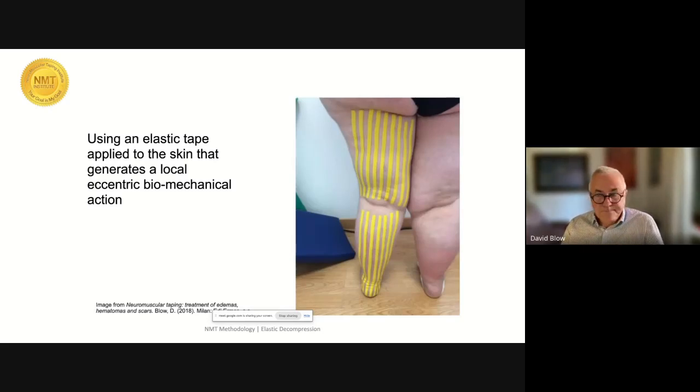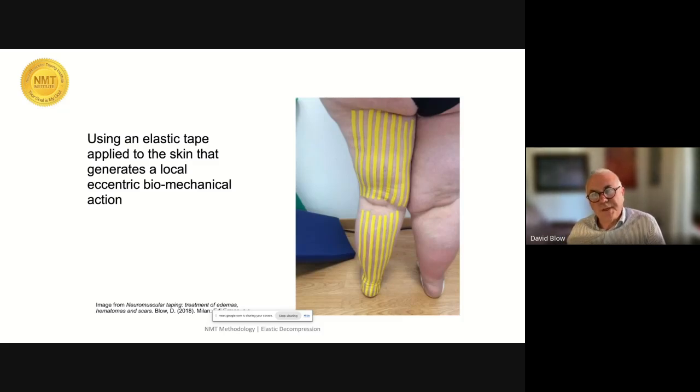More volume to drain means more strips of tape. More volume does not mean wider tape. It means still 1 centimeter strip, 1 centimeter distance between each one of the strips, and this is an example of 50% of surface area which has been covered.